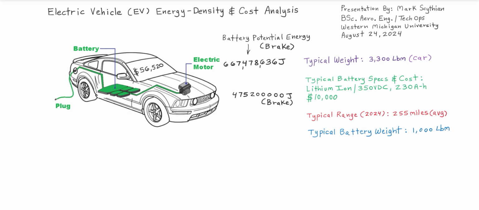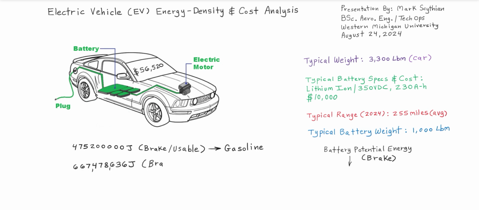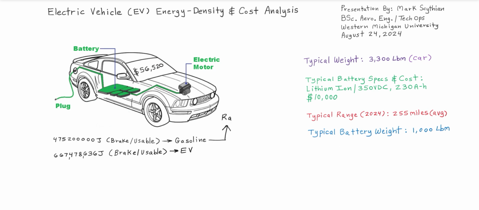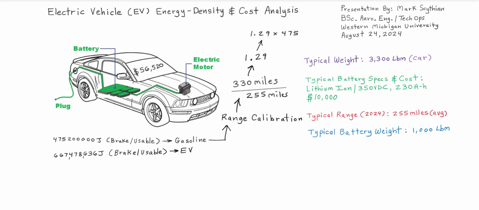So the last part, with respect to the potential energy, is then calculating the range calibration or the coefficient of range calibration. In this case, it becomes 330 miles divided by 255.